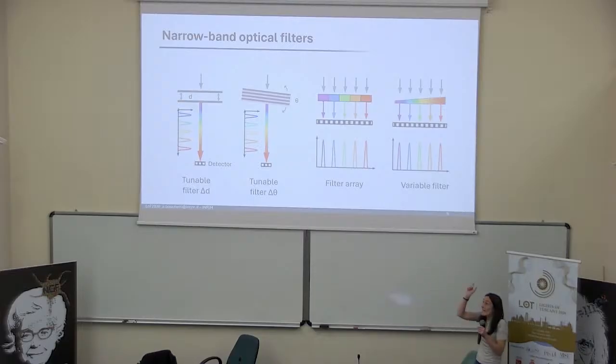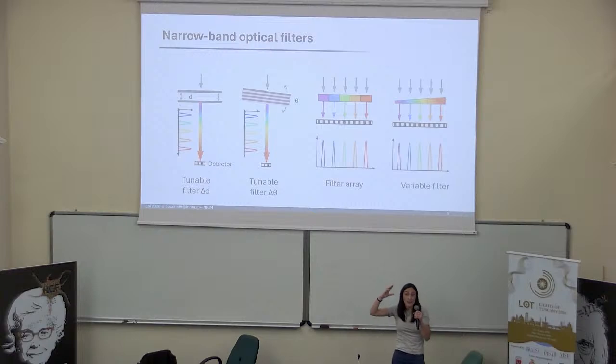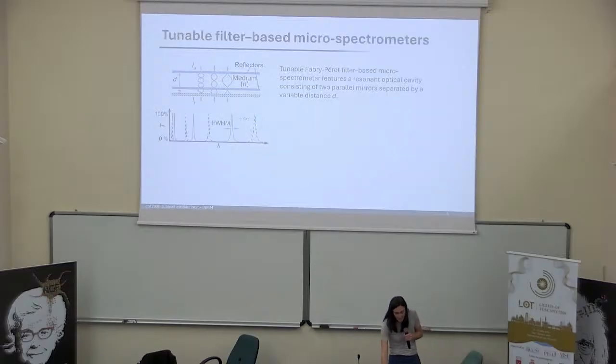For example, a single optical encoder where this Fabry-Perot resonator has a mirror that can be changed. Okay, so the distance between the mirrors can be varied, for example, in time. So this device can itself be a very high resolution spectrometer.